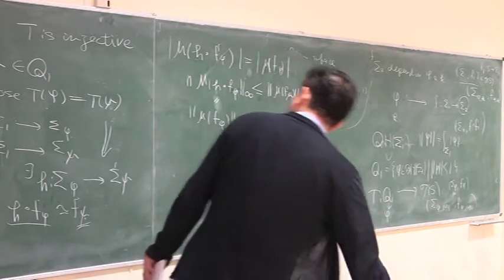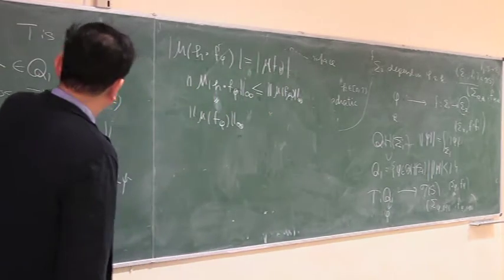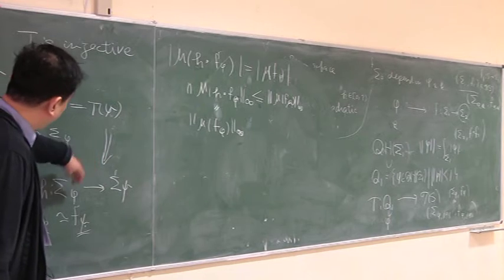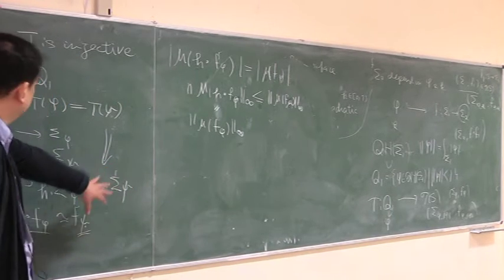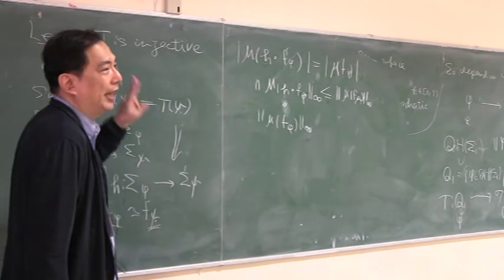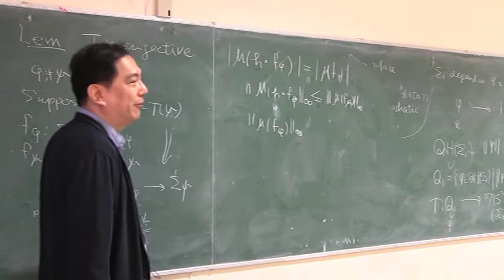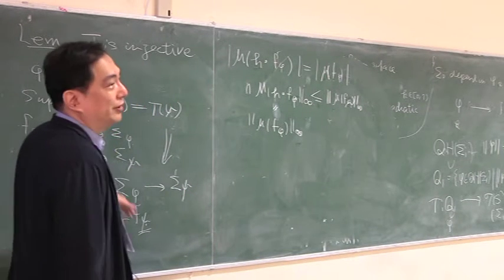And we can repeat the argument exchanging the roles of phi and psi. Instead of H, you consider H inverse, then you have a map from sigma psi to sigma phi, and the situation is the same.